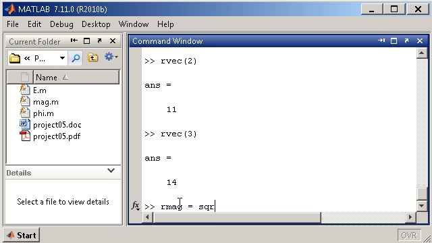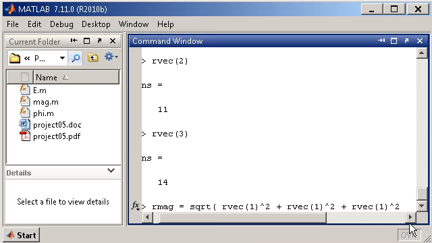So for instance, instead of the norm, we could go rmag equals square root of RVec of 1 squared plus, let's see if I can copy and paste faster than I can type it.